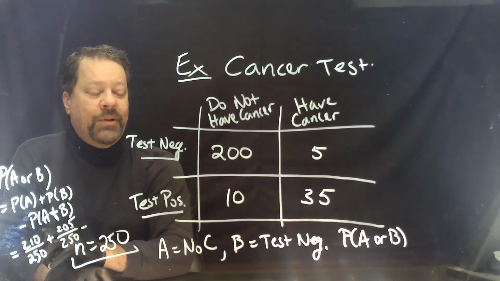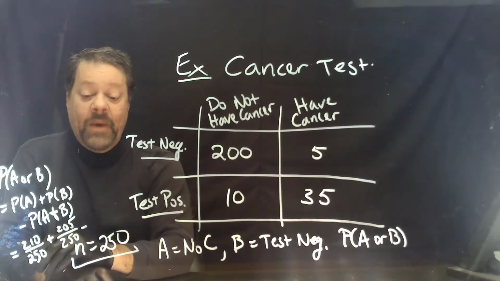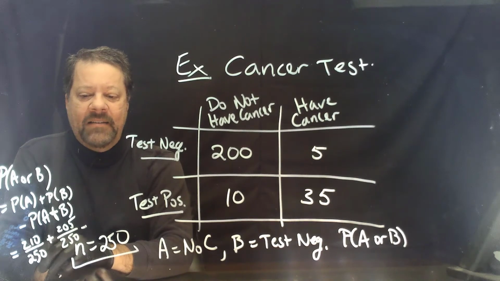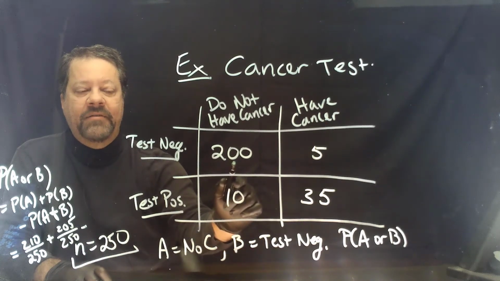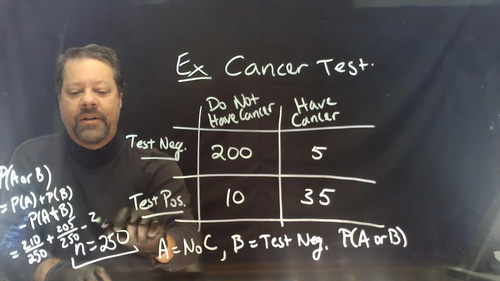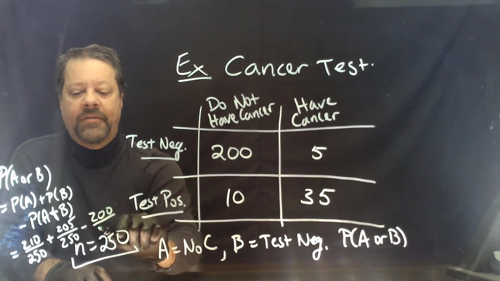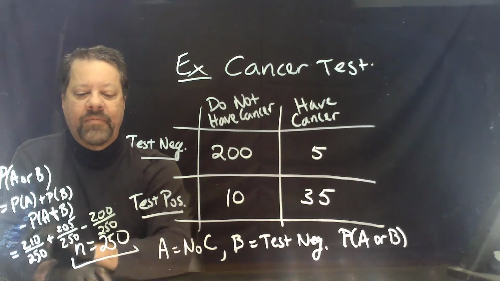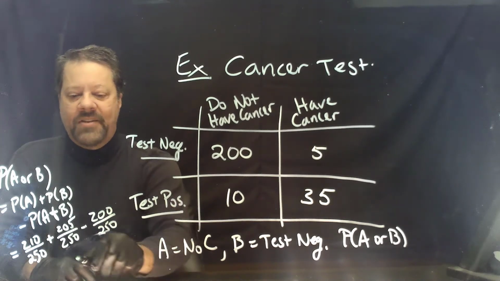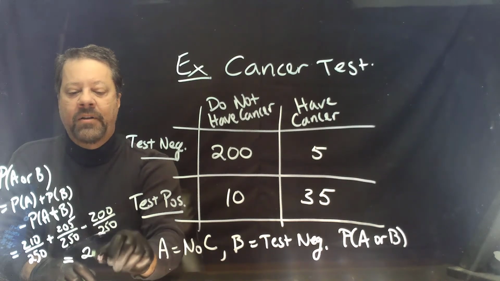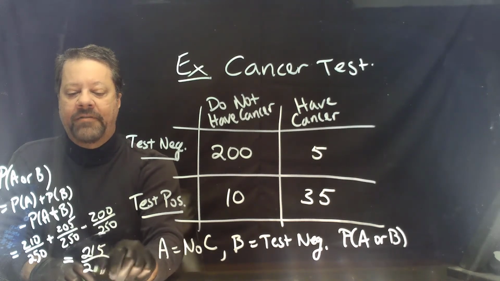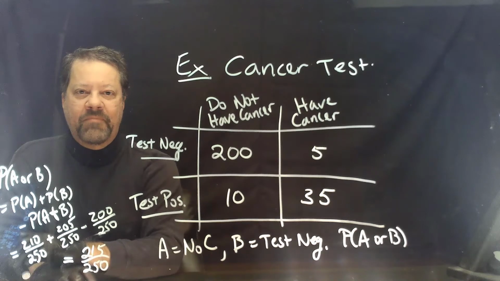But there's been some double counting here. We have to subtract out the probability that you both do not have cancer and test negative. Those would be the 200 out of 250. And so the total probability here is going to be 215 out of 250.